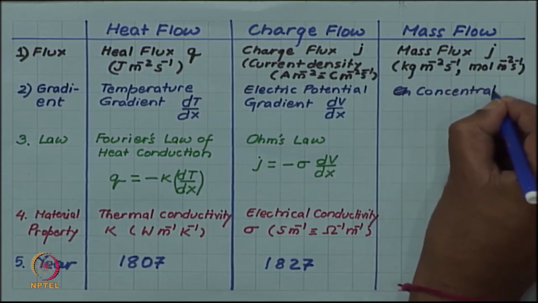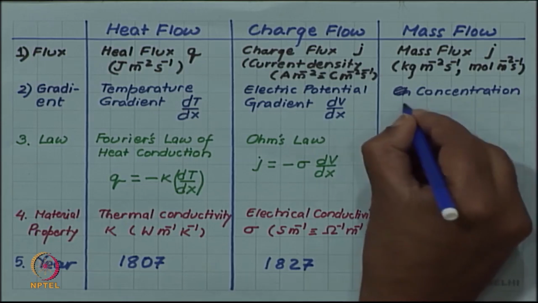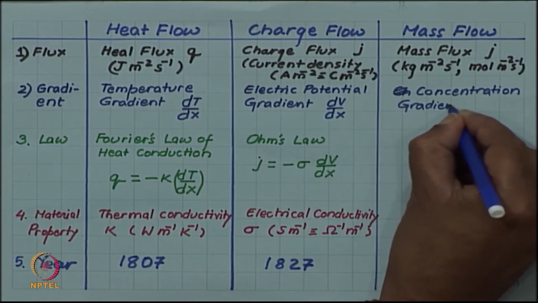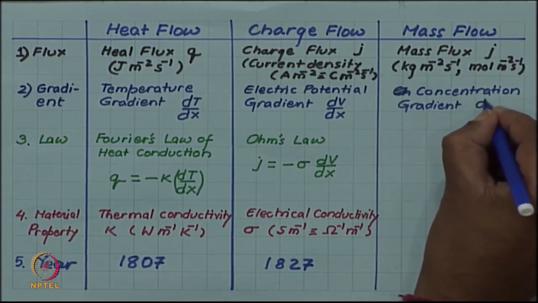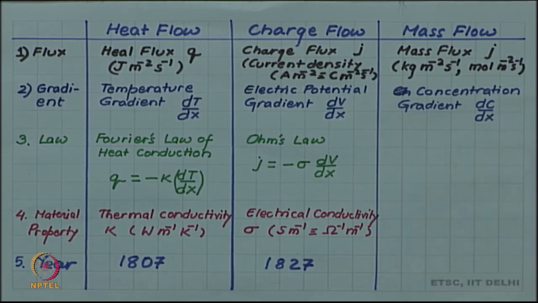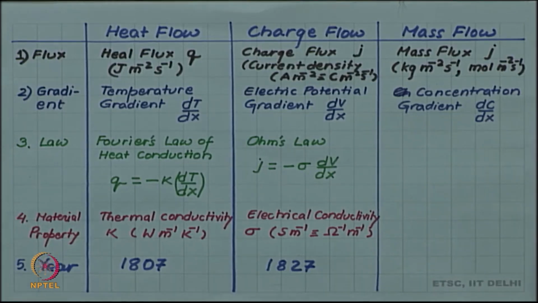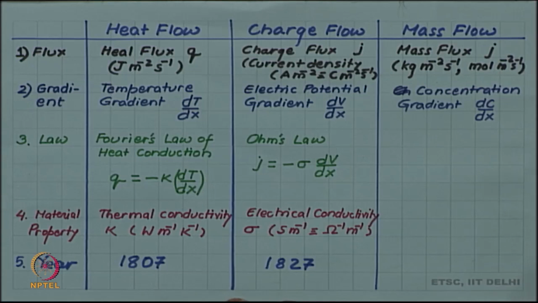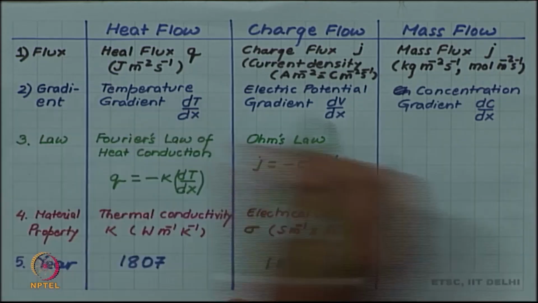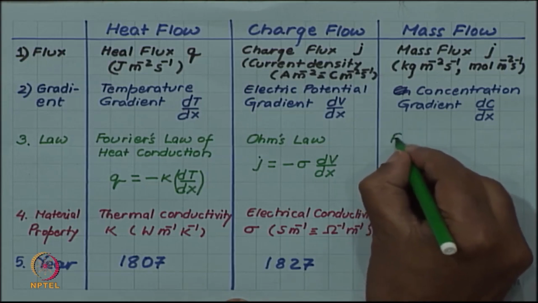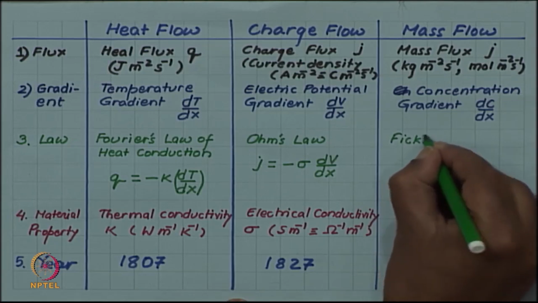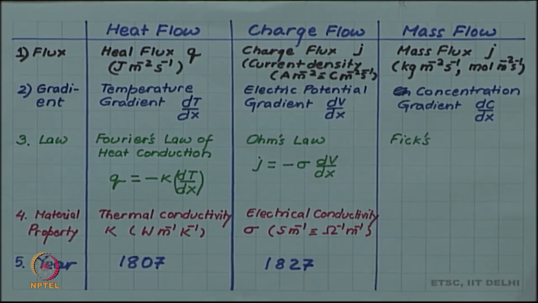So, the corresponding gradient is the concentration gradient. Let us write it as dC by dx. And Fick, just by analogy, so this is a demonstration of the power of analogy and the success of analogy in science.